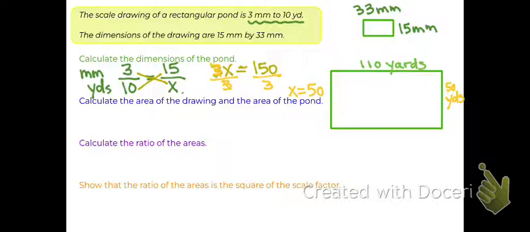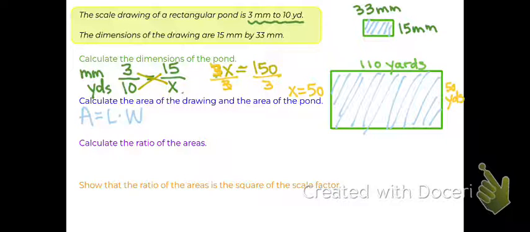Now the second question says, calculate the area of the drawing and the area of the actual pond. So we want to calculate the area inside these borders. So remember, the area of a rectangle, the formula, is length times width.